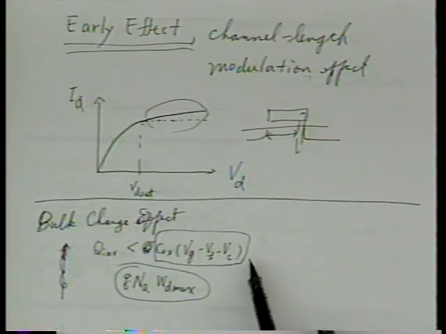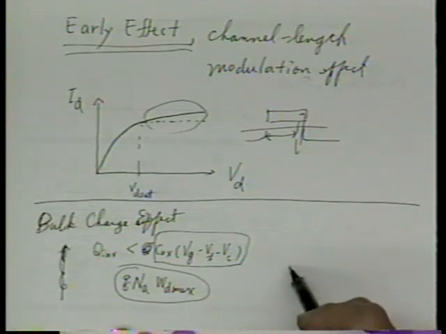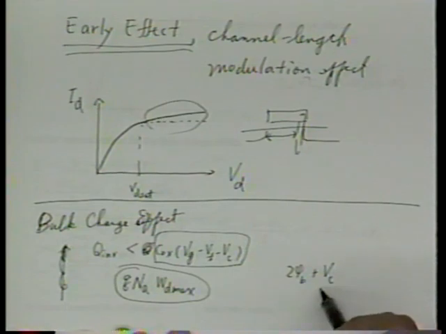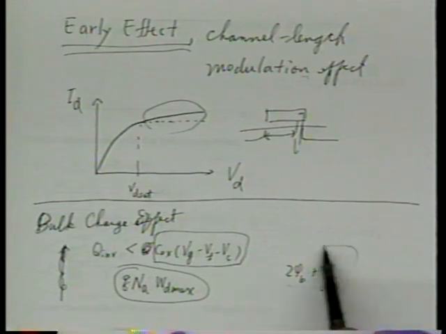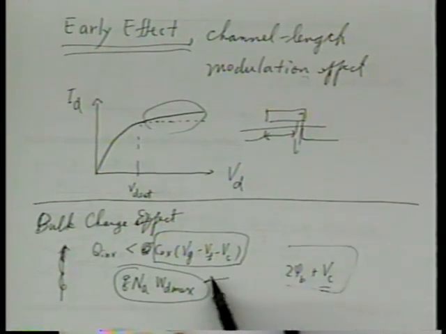When we don't subtract anything from the right-hand side, we're assuming that the band bending does not increase between source and drain, right? In reality, we know that it will increase because band bending will increase beyond 2 phi B by this term, right? Whether this is VSB or VDB or anything in between, this quantity will determine the depletion region width.